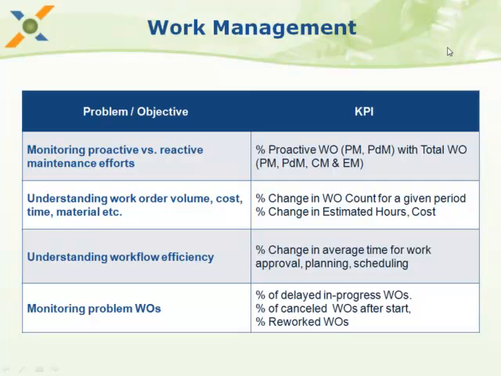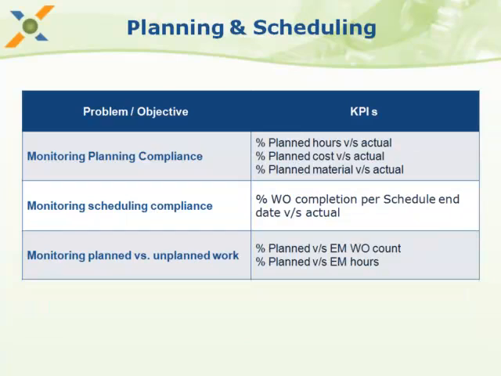So similarly, we want to look at work orders which required rework. If we want to address planning and scheduling, we can have KPIs related to planning compliance, percentage planned hours versus actual, planned cost versus actual.